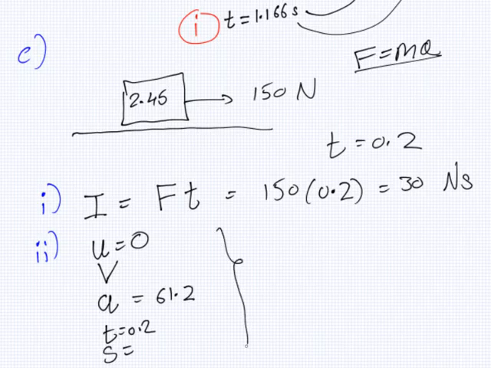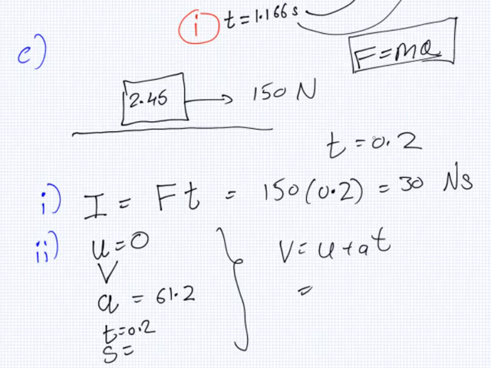So what formula should I use to get the V? Easy. V equals U plus AT. The acceleration is 61.2, and I used F equals MA to get it. So acceleration multiplied by time, the answer is 12.2 meters per second. So easy compared to the last one.